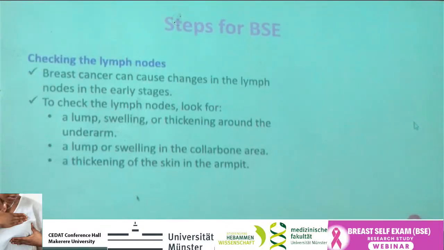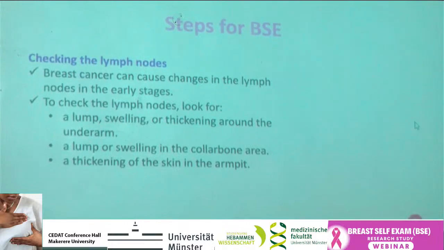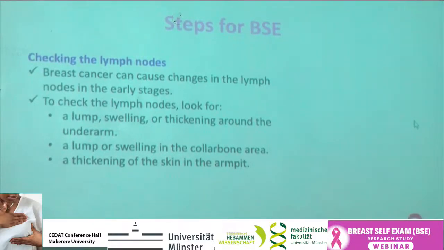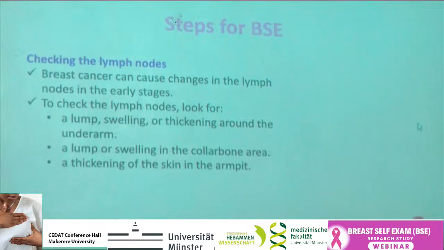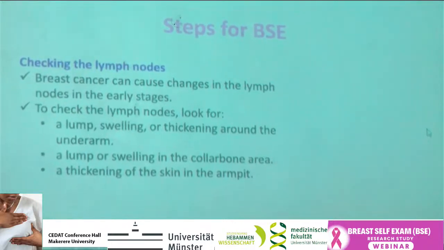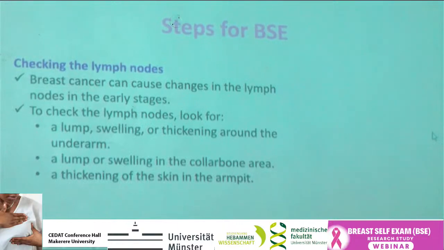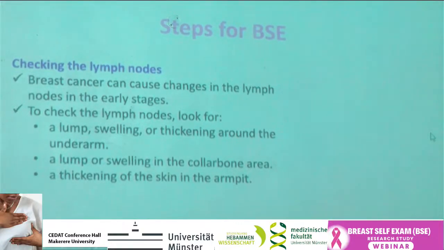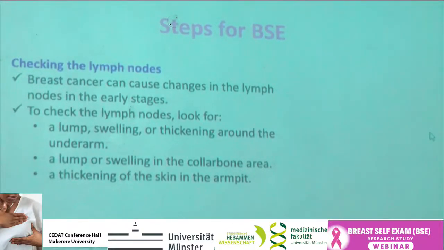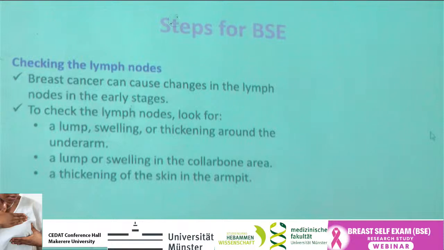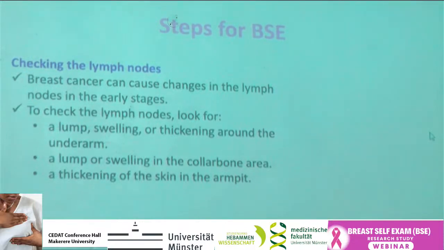Let us look at checking the lymph nodes. Like we said, the lymph nodes are very important. Breast cancer can cause changes in the lymph nodes in the early stages. To check the lymph nodes, look for a lump, a swelling or thickening of the underarm, which we call the axilla. A lump or swelling in the collarbone area is also very important because we mentioned the supraclavicular and infraclavicular lines, just above and below the clavicle.